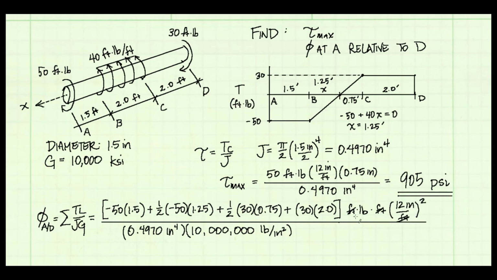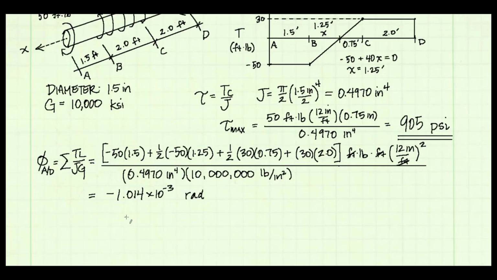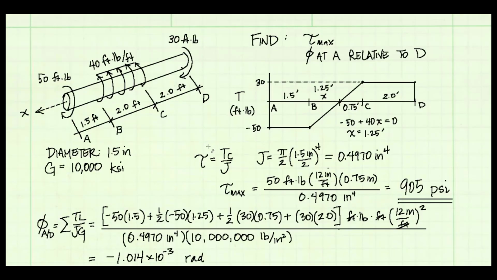And now I have pound-inches squared on the top, and I will have pound-inches squared on the bottom. So all the units should cancel out. And I calculate that the angle of twist comes out to negative 1.014 times 10 to the negative third. Units are radians. The negative sign means that point A on the shaft is actually going to rotate in the clockwise direction.